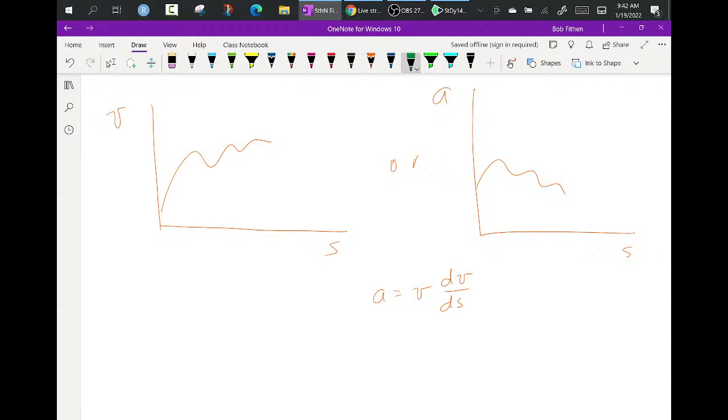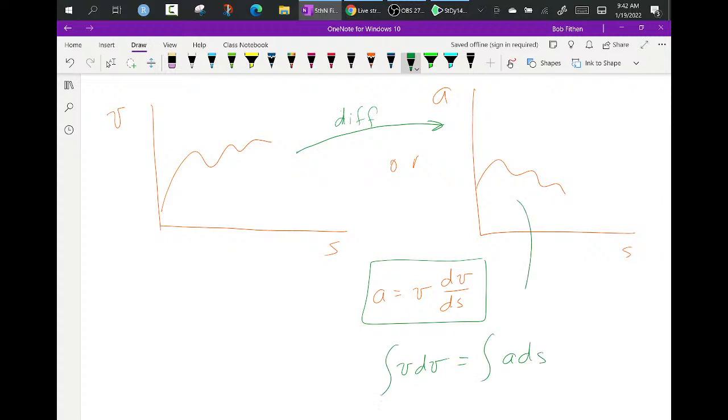If I've been given velocity and I'm moving this way, I have to take a differential, because that's what's written right here. If, though, in fact, I have the acceleration and I'm looking to get the velocity out of it, I've got to go through an integral.